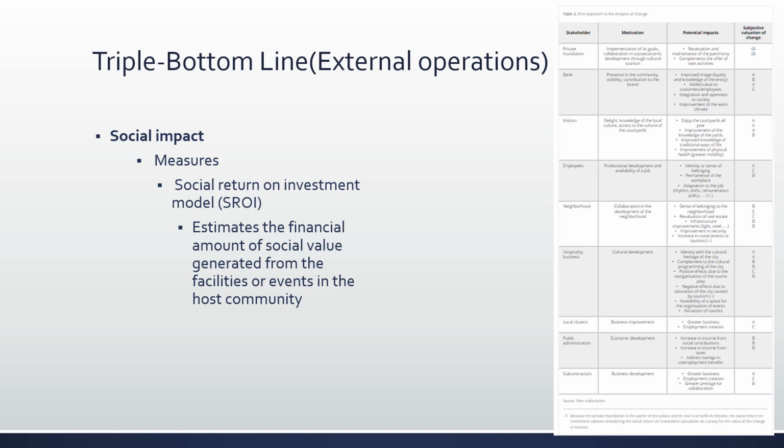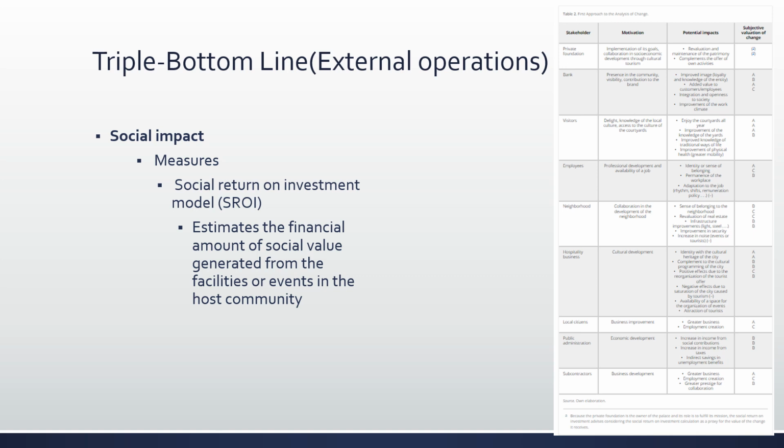The SROI model takes into account both the tangible and intangible benefits generated by a sport facility or event, including social outcomes such as community engagement, health and well-being, and youth development. It also considers environmental outcomes such as carbon emissions and waste reduction, and economic outcomes such as job creation and revenue generation.